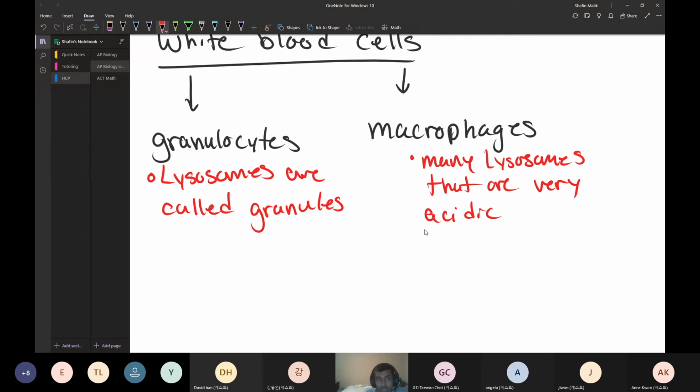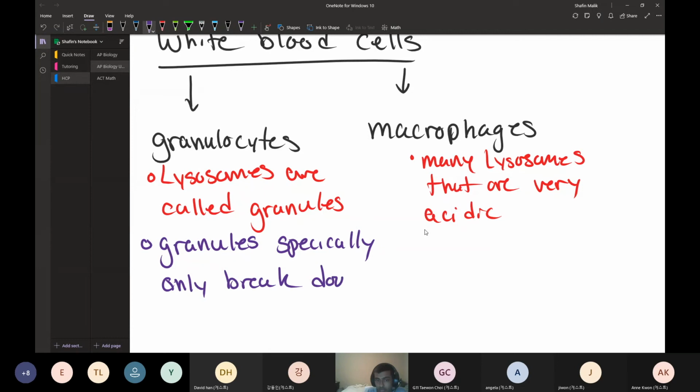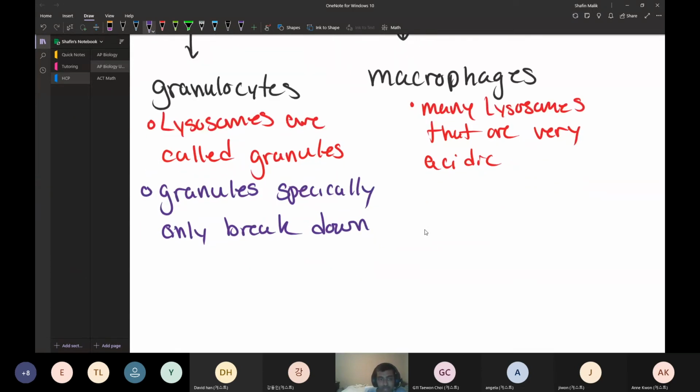And these lysosomes, the granules, specifically only break down pathogens, which are harmful bacteria and viruses.